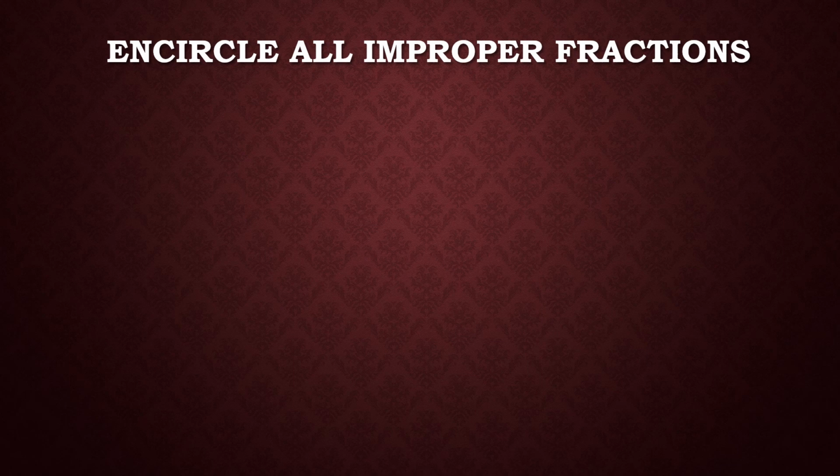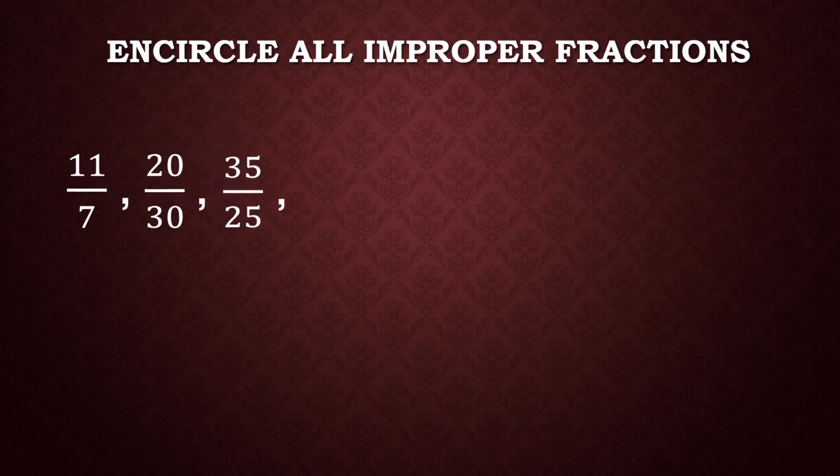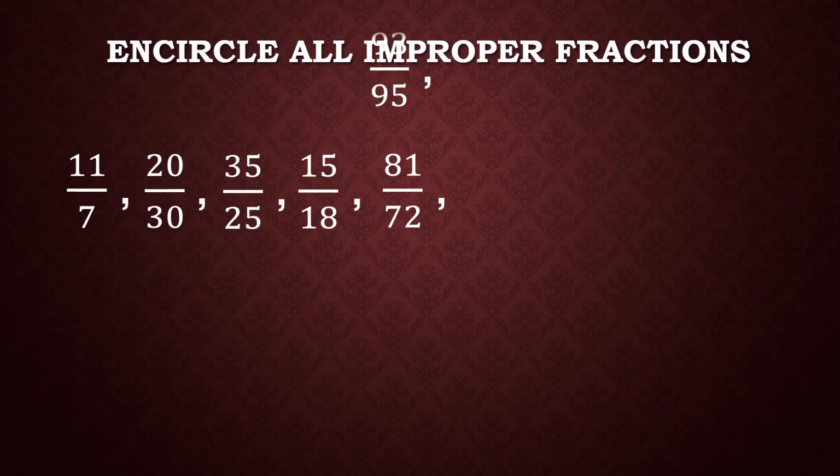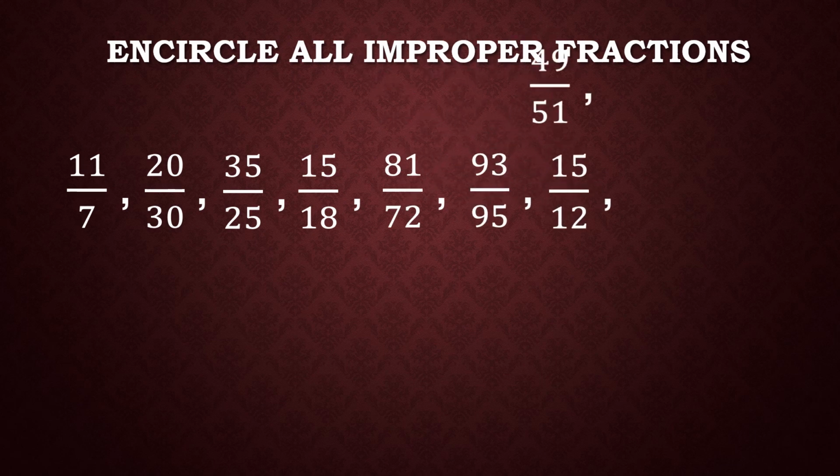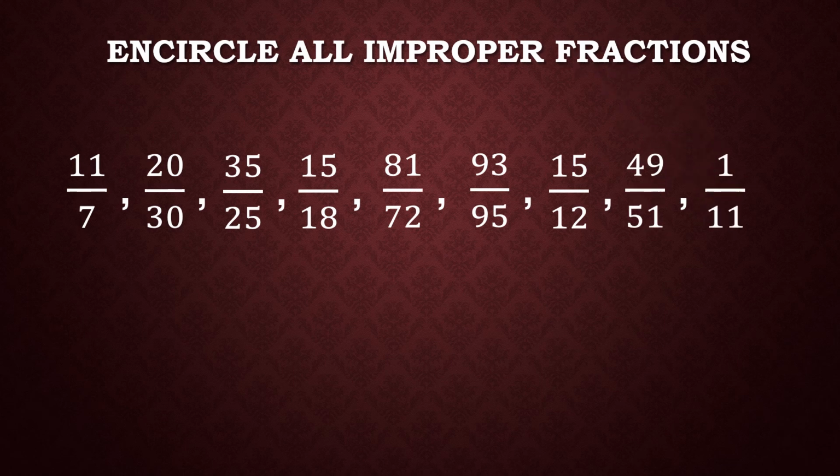Encircle all improper fractions. 11 upon 7, 20 upon 30, 35 upon 25, 15 upon 18, 81 upon 72, 93 upon 95, 15 upon 12, 49 upon 51 and 1 upon 11. Let's recall improper fractions. Fractions where numerators are greater than denominators are called improper fractions.